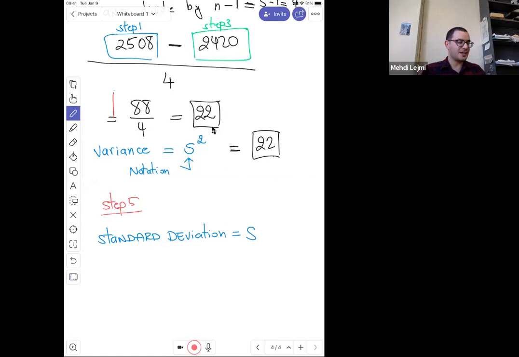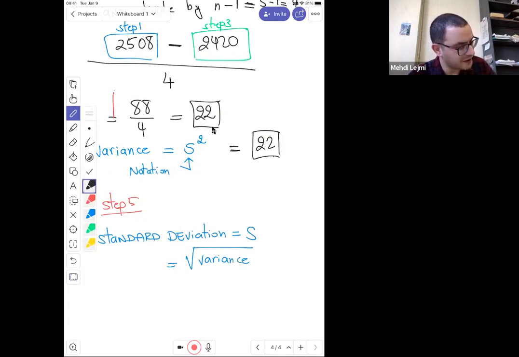Okay, so variance is S squared, standard deviation is denoted by S, and the standard deviation is just the square root of the variance. Like in our example, the variance was 22, right? So then standard deviation is just square root of 22.